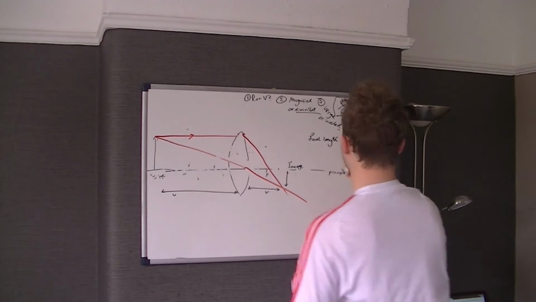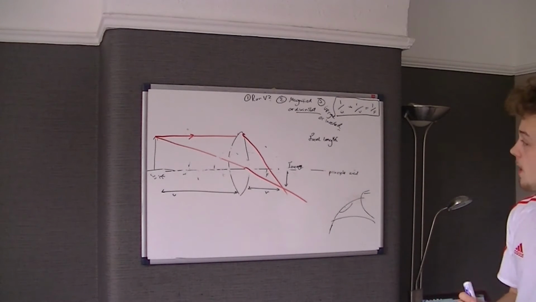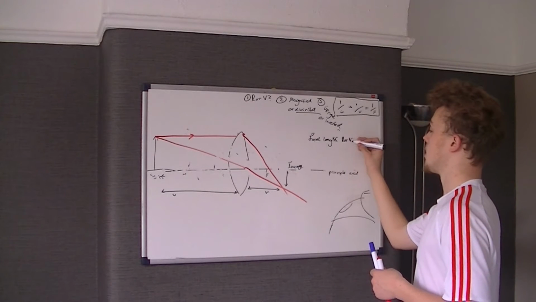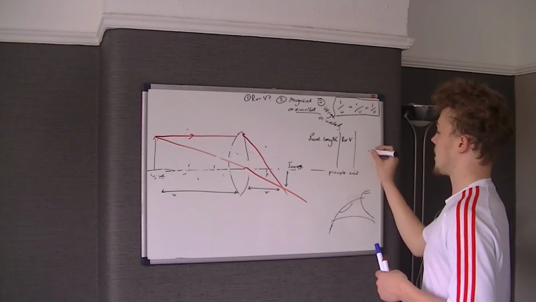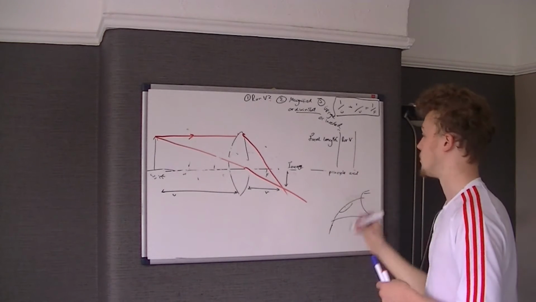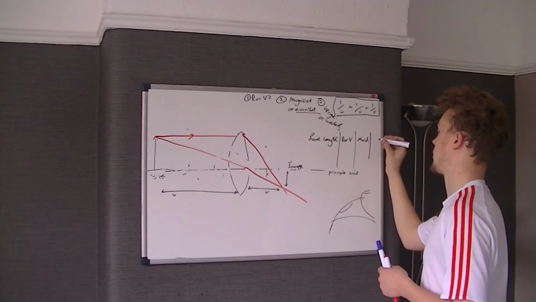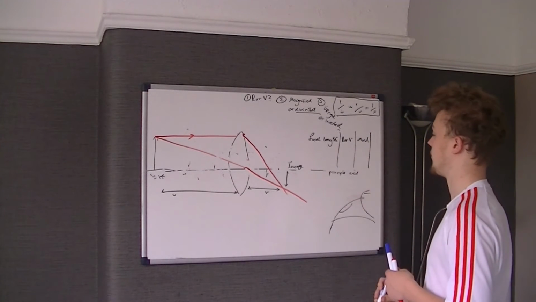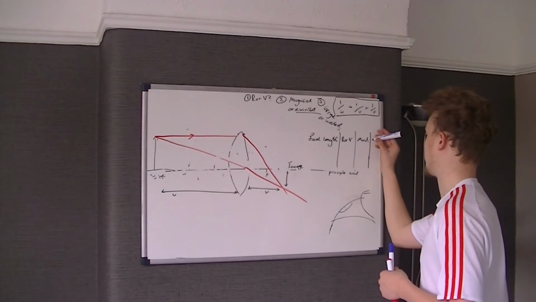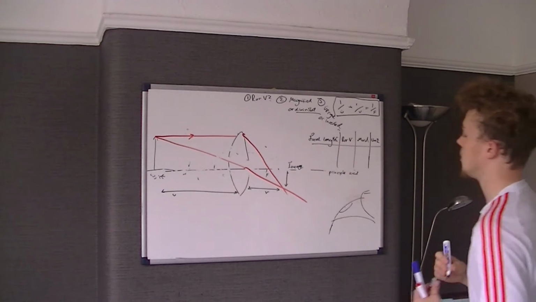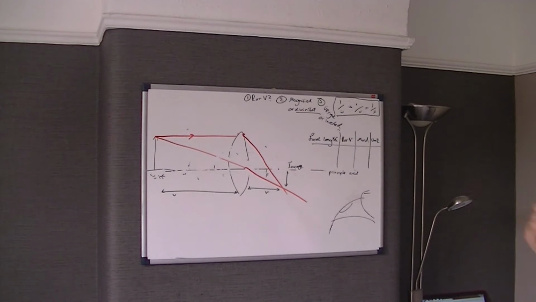The second column, you want to put, well, is it real or virtual? So R or V. And your third column, you put M or D, so magnified or diminished. And your fourth and final column is upright or inverted. Okay, so U or I. Okay, so we're just going to fill in that table now with bits of information that you should be aware of.